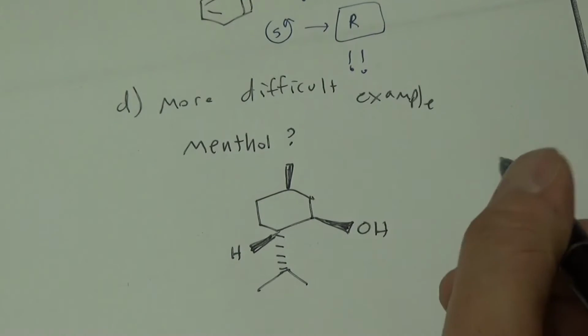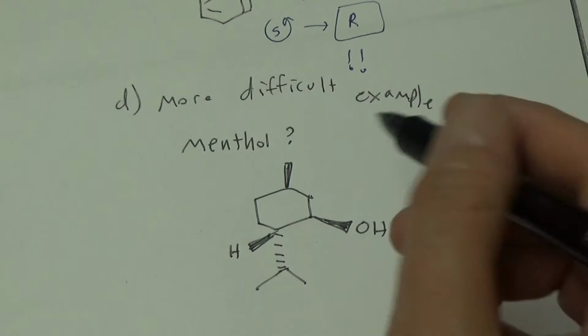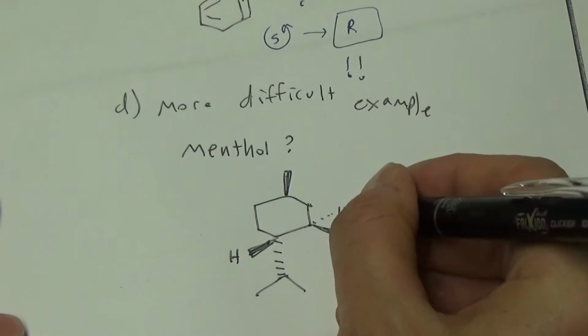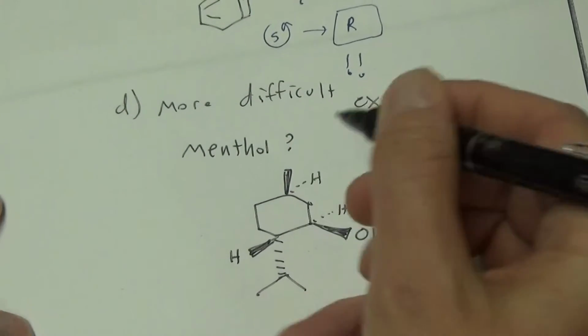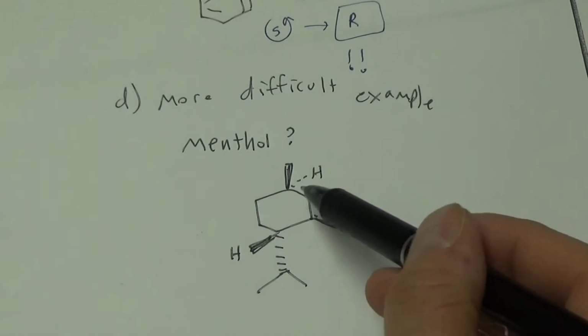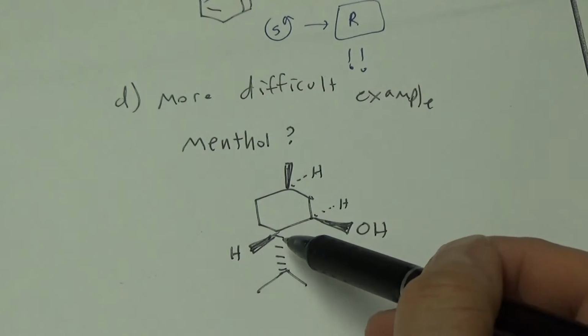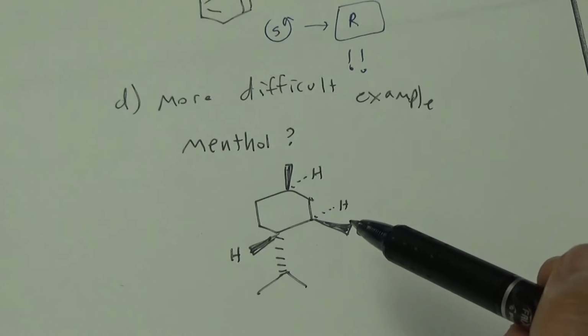All right. How many chiral centers does this guy have? It's got 3: 1, 2, and 3. There are 3 chiral centers. Let's figure out R and S on all of them.